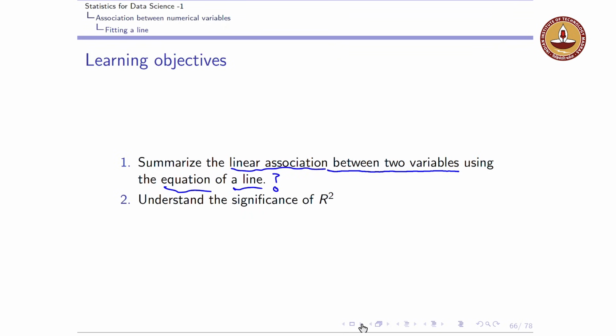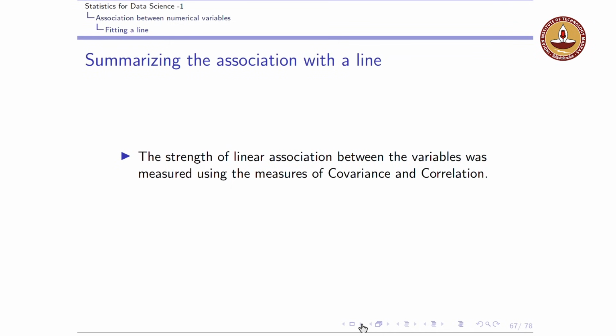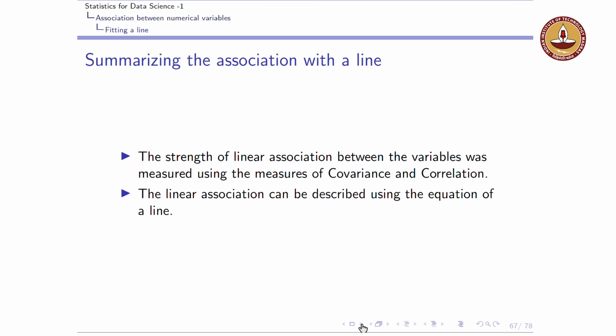So, the question we are asking here is, when x and y are numerical variables and they have an association which I expect to be linear, can I describe that association using the equation of a line? If yes, then how do I compute this equation of a line?